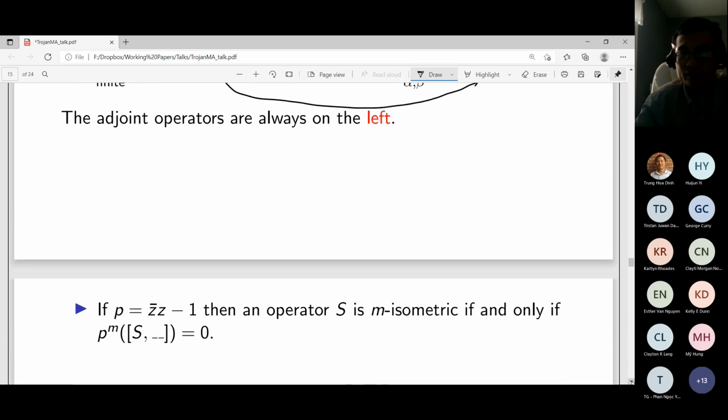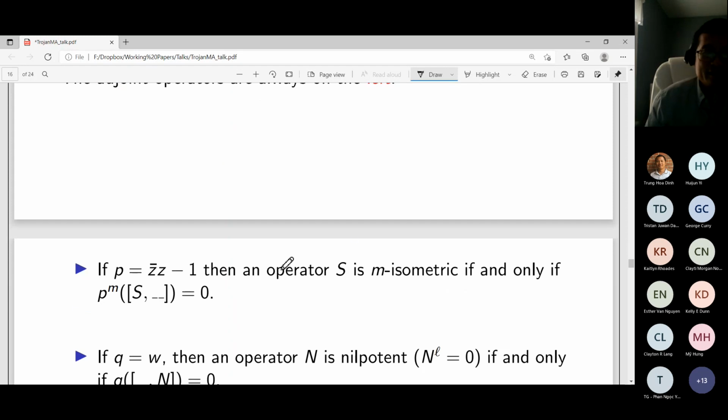So why is this important in the study of m-isometries? The reason is that if we begin with the polynomial p equals z bar z minus 1, then from the definition, or from the operator equation for m-isometry, we have the following fact: S is m-isometric if and only if, when we raise p to the power m and apply the hereditary functional calculus, we get 0.